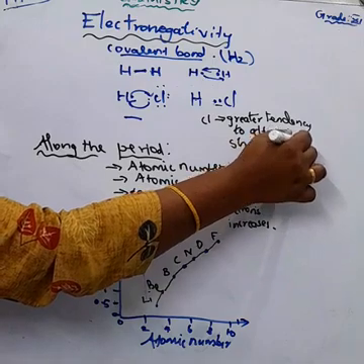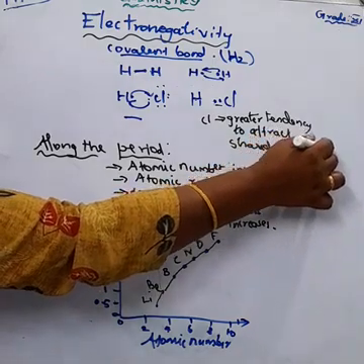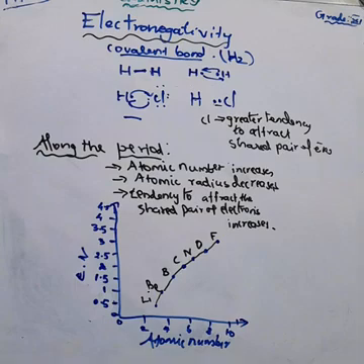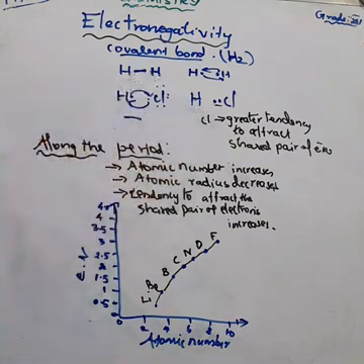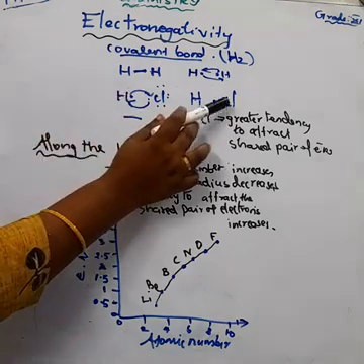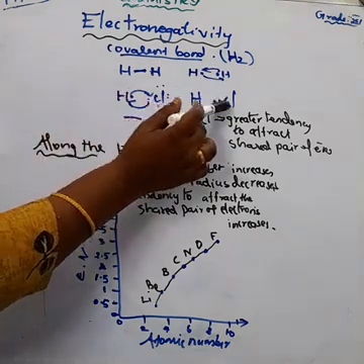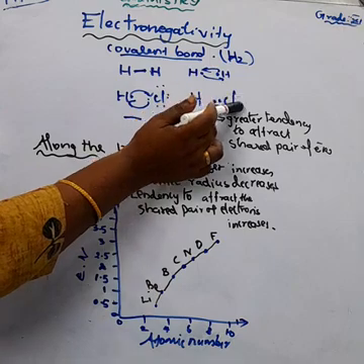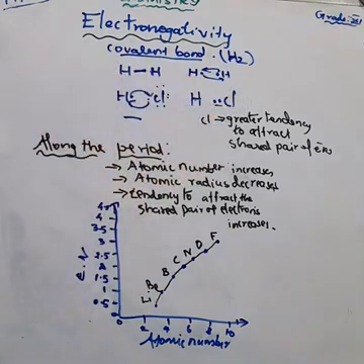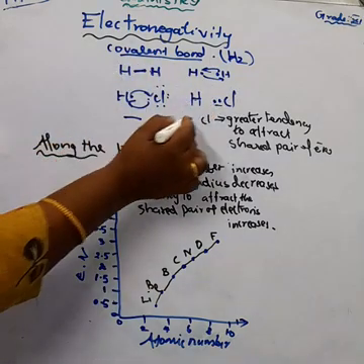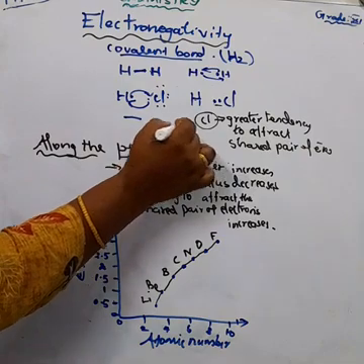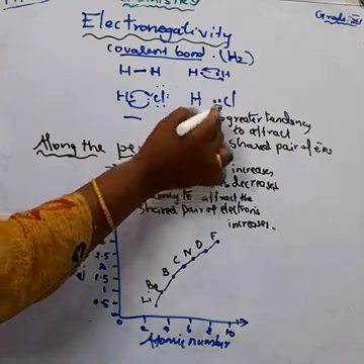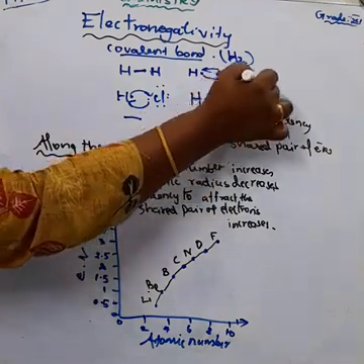Hydrogen is the less electronegative atom. So the chlorine atom attracts this shared pair of electrons towards itself, forming the chloride ion, and the hydrogen atom forms the H plus ion. In this molecule, chlorine is the more electronegative atom.